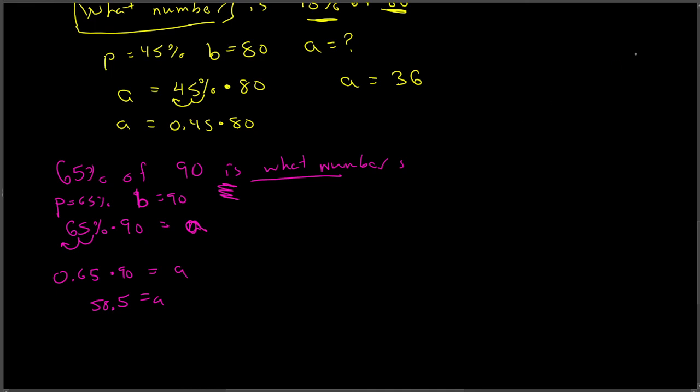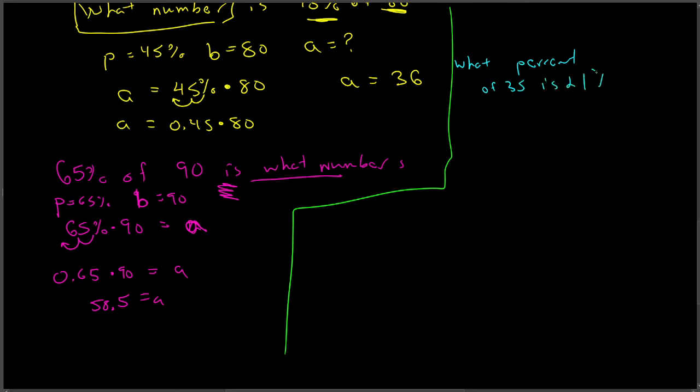And let's do one more. What percent of 35 is 21? So here I have my multiplication, and there I have my amount. So my percent is unknown, my base is 35, and my amount is 21.